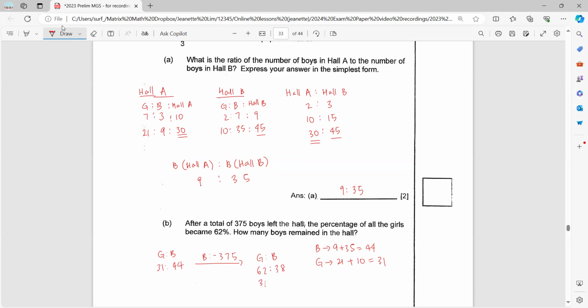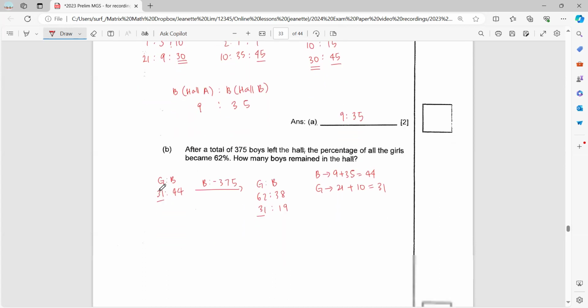Okay, 31 to 19. So take note that the number of girls doesn't change. So number of girls is 31 units. It's already the same. So what is 375? It is the decrease from 44 units to 19 units.